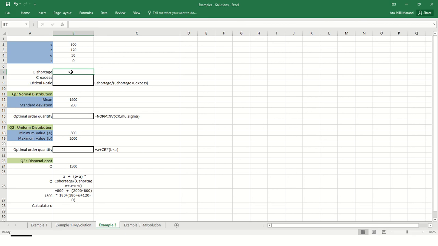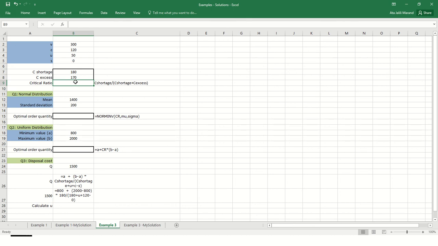Shortage cost, if you remember, was V minus C, so I put V minus C here and I have a shortage cost equal to 180. Then the excess cost was equal to disposal cost plus unit purchase cost, or variable cost, minus salvage value. So here we have U plus C minus S, and I get an excess cost equal to 170.